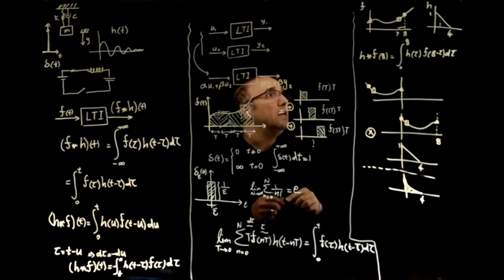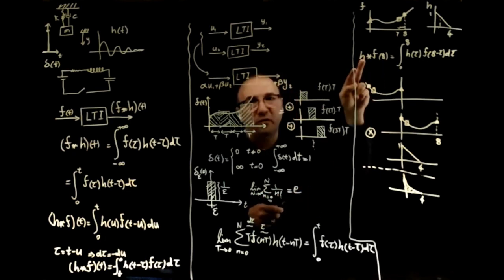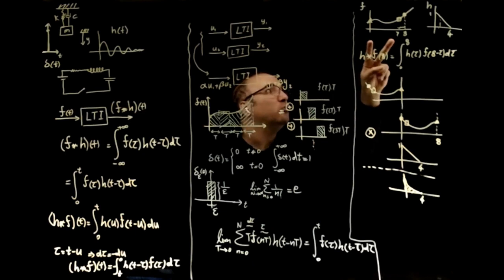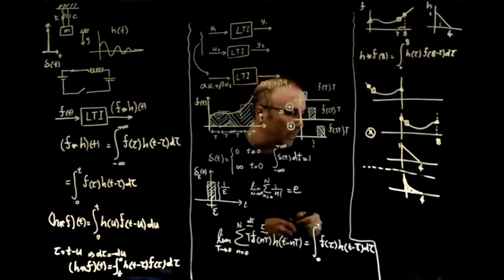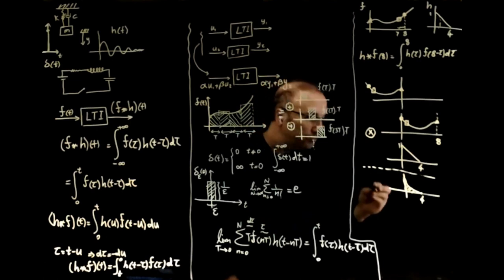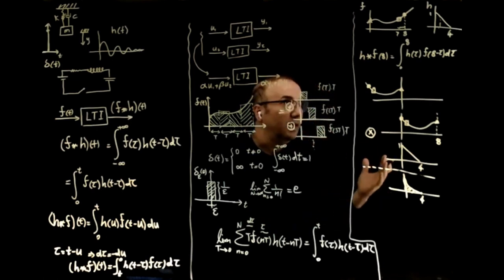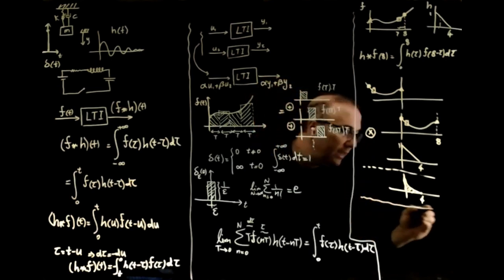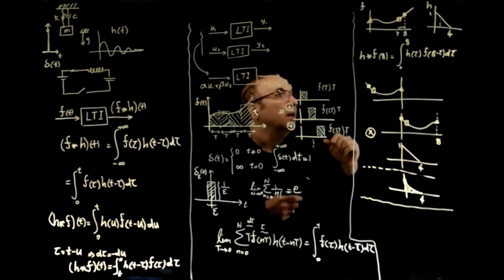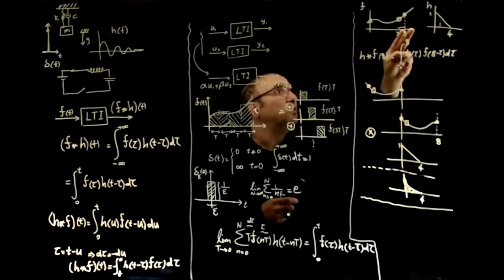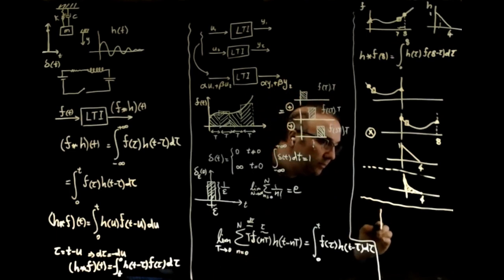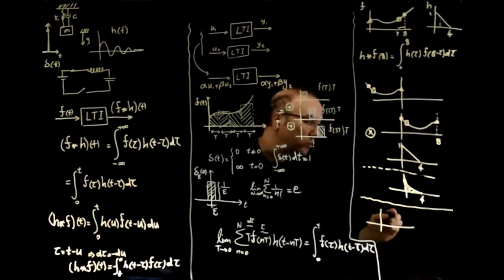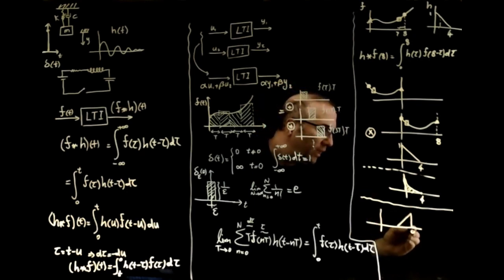The same thing would be if I have f star h, but this time I have to flip this and then push that forward. That is also comprehensible. I mean, we can see why that also holds true. So let's do that. You see, I would have the same thing. H flips, goes by 8 seconds. So when H flips and goes by 8 seconds, it is like this, right? So this is 8 and 4.